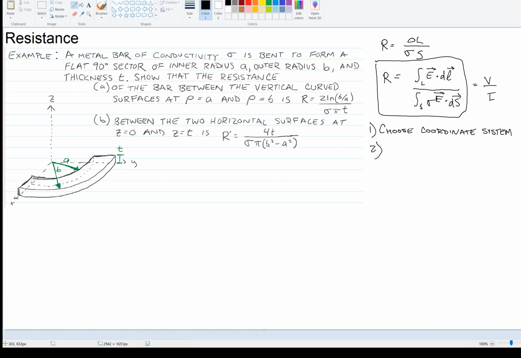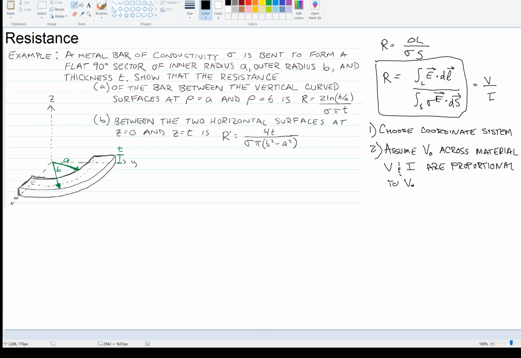Now, step 2, we're going to assume V0 potential difference across the material. Right, we don't want to plug in a number, but we'll say that it's known. And what's going to happen is that it will drop out of the calculation because V and I, as you'll see, will end up being proportional to V0.